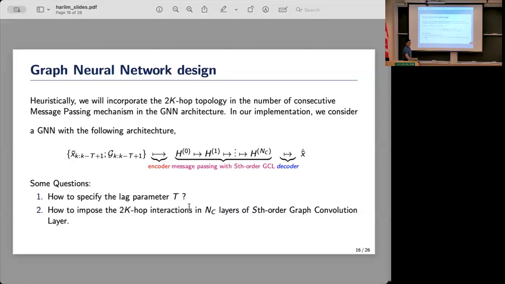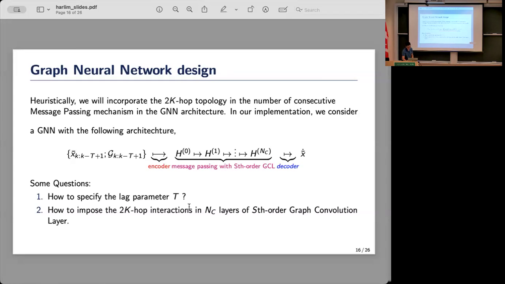So there come two questions. First of all, how do you specify the lag embedding parameter T? How far should you go? The second question is, how do you impose the 2k interaction here? Because now suddenly you have two parameters: N_C layers and the S-order graph convolution layer, whatever that means.